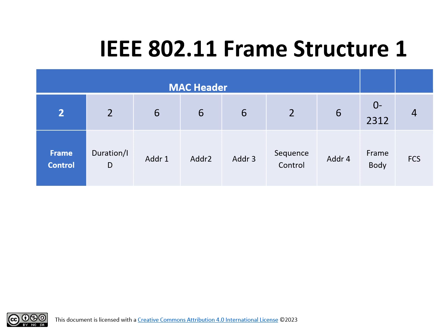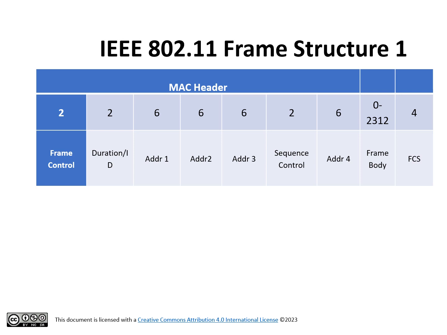The address fields represent MAC addresses of the source, the destination, the AP, and the ad hoc station. The sequence control field contains a 12-bit sequence number subfield and a 4-bit fragment number subfield.